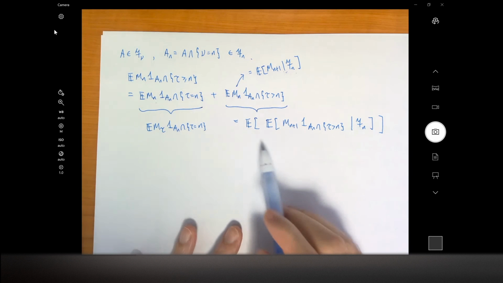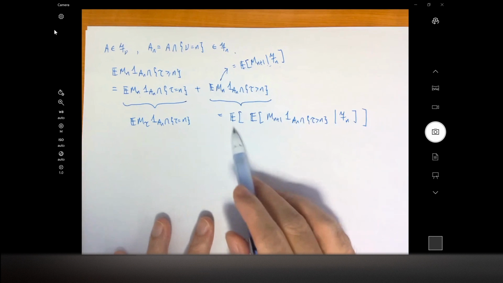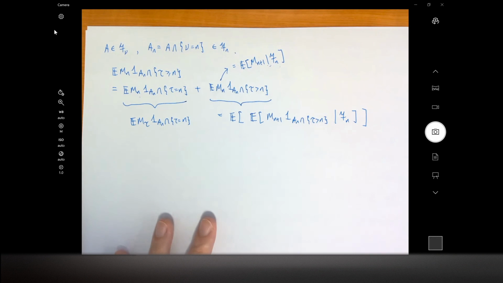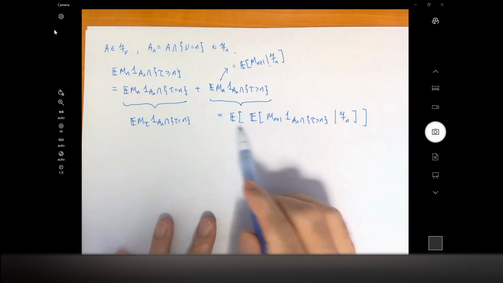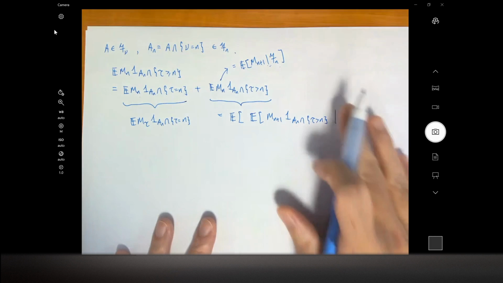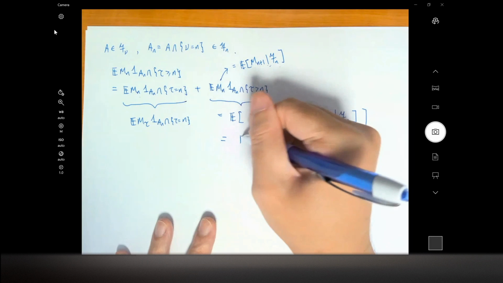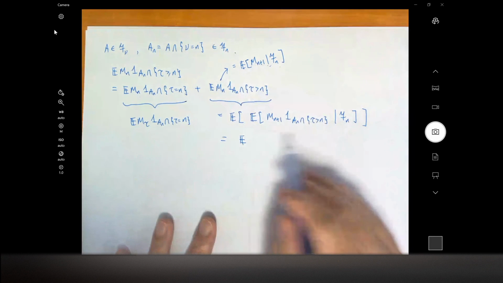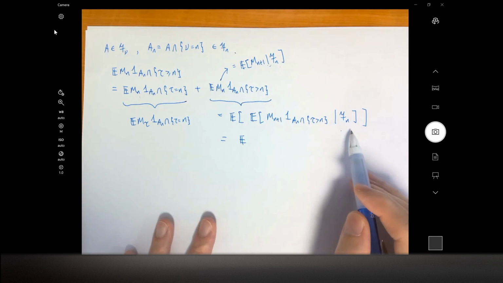Remember we also have a result for nested expectations: the one with the smaller sigma algebra always wins. So the expectation of this is just the one without the conditioning. Or you can get the same result from the basic definition of conditional expectation.